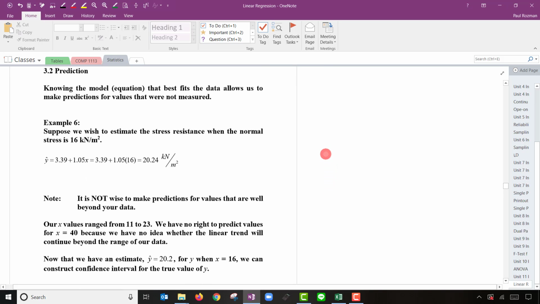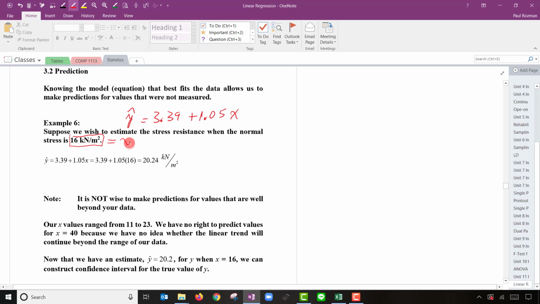Once we have the equation, we can finally make a prediction. Our equation was y hat equals 3.39 plus 1.05 times x. And now suppose you wanted to know how hard is it going to be to shear this thing if I put a normal stress of 16.